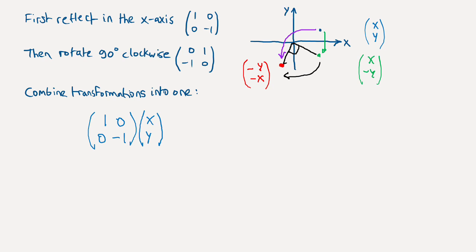So that's what's going to take us to the green point, because it's going to take us to x, minus y. And then we're going to apply the rotation matrix 0, 1, minus 1, 0 to the green point to take us to the red point. So we're going to have to put the matrix 0, 1, minus 1, 0 on the left of the matrix we've already written down.